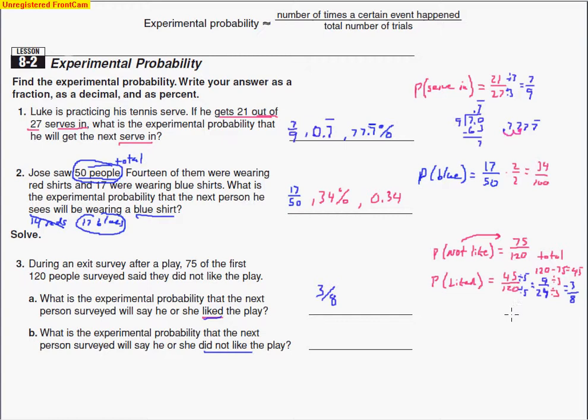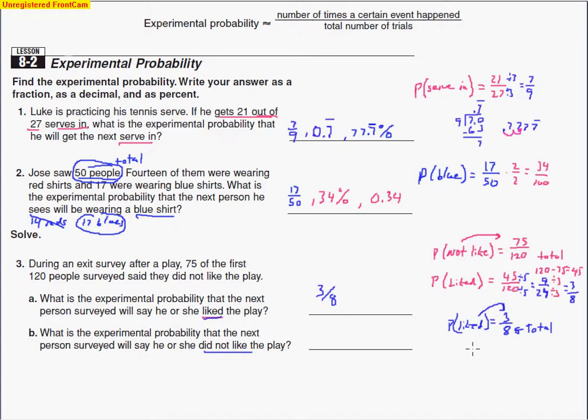People that liked, we said, was 3 out of 8. So this is the number of people that liked the play right here. This is the total in just the reduced form. It's an equivalent fraction to the one up top. It's just in a reduced form. And so this will give us a reduced form already without having to reduce this fraction.